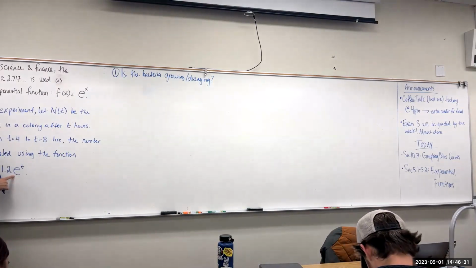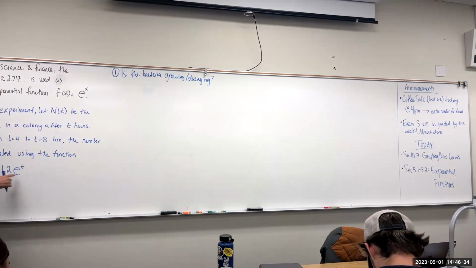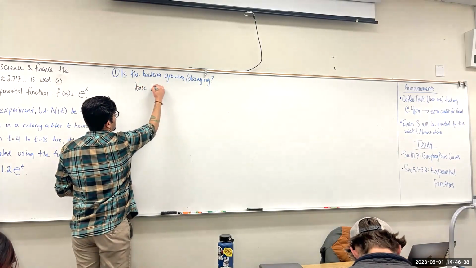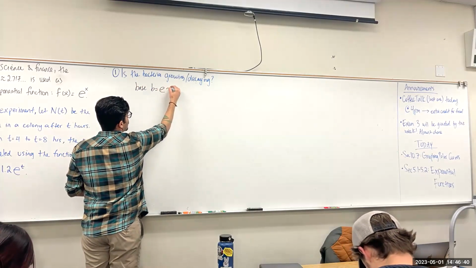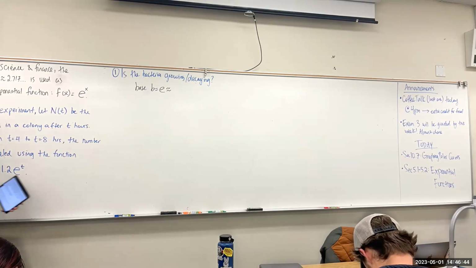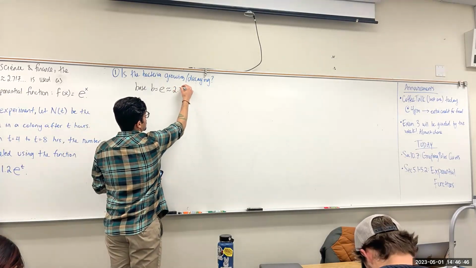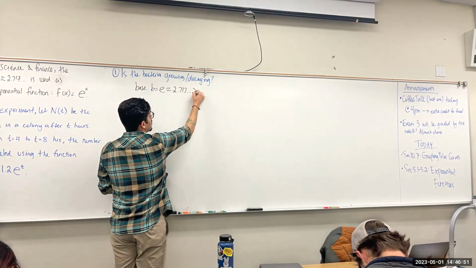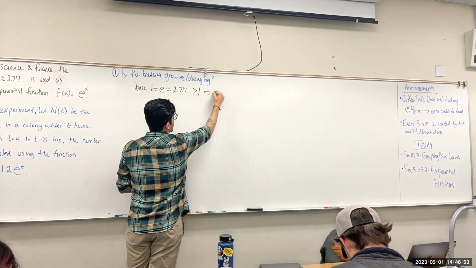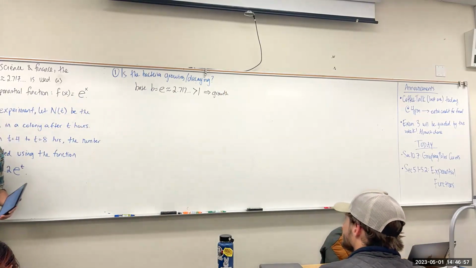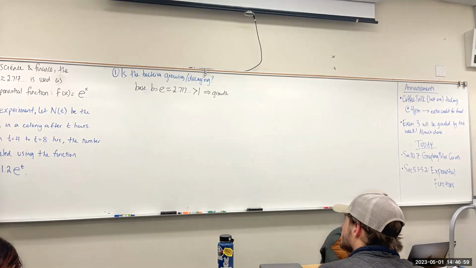The base here is, since the base b is equal to e, which if you put that in a calculator, it'll give you the decimal value, about 2.717. It's definitely going to be bigger than 1. So the bacteria is growing, not dying. Okay. What if this was e to the negative t?